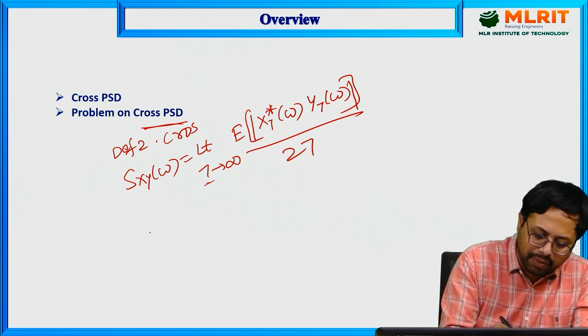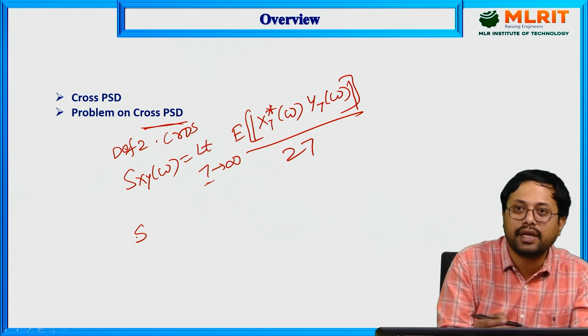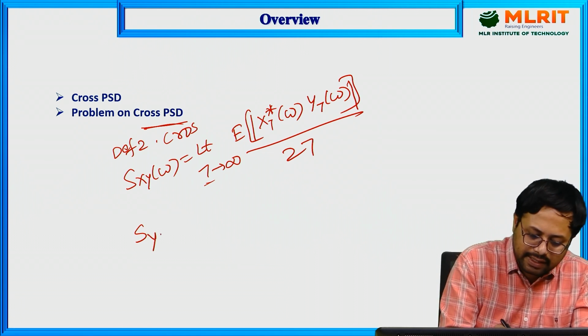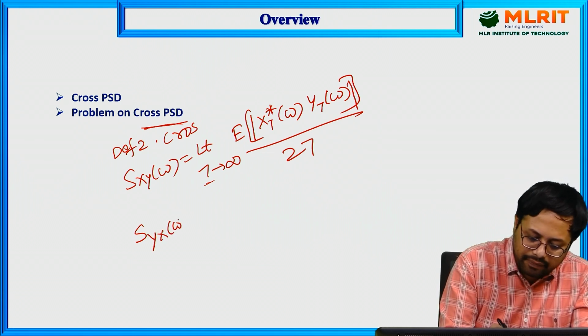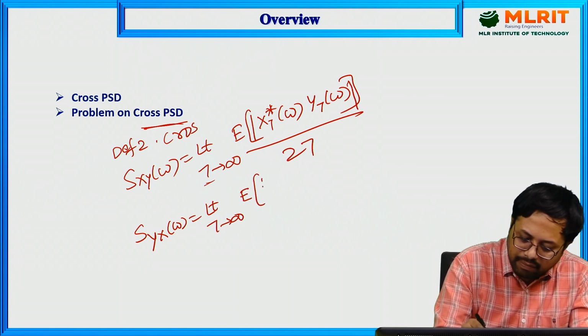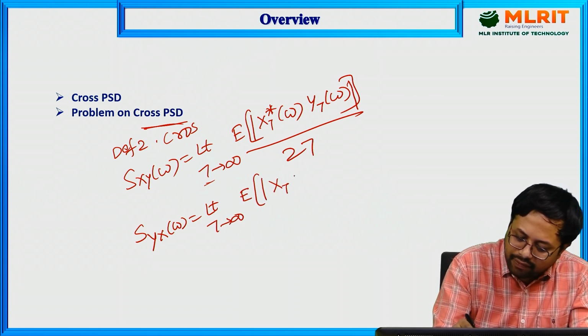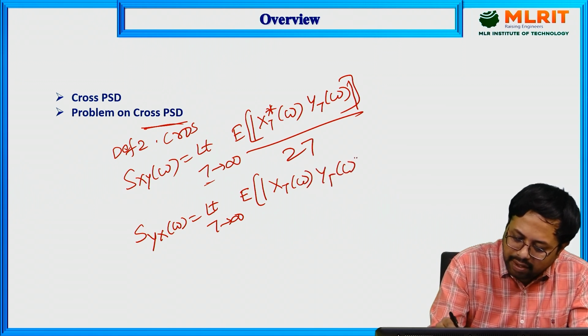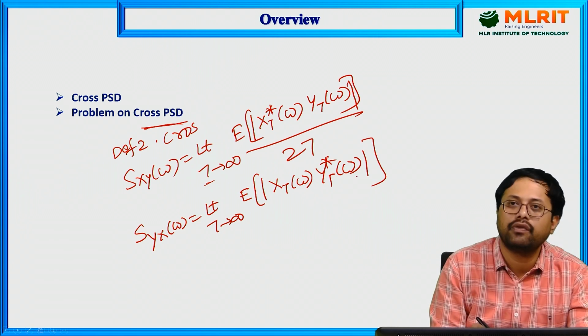You can have one more, if you are having y of t and x of t, then Syx of omega is equal to limit T tends to infinity expectation of mod of X_T of omega into Y_T conjugate of omega. Here also you are having the modulus for both.